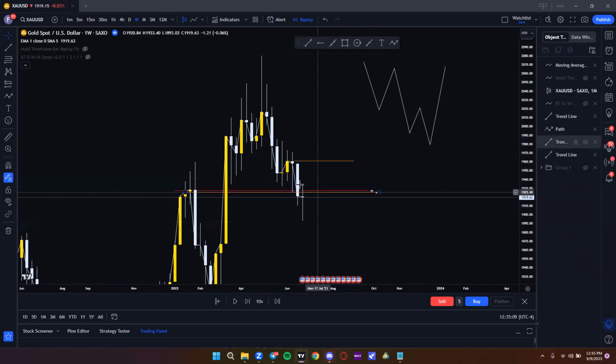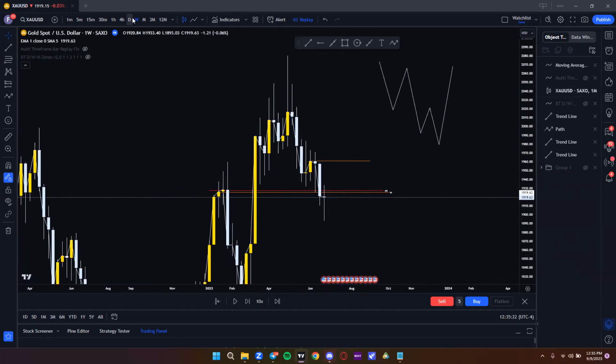In between, there's also levels that we need to consider as roadblocks, or just playing with the fractal nature of the market, right? So what I mean by that is, you have a breakout, and you would automatically have to perceive the market to be in line to create a pullback.